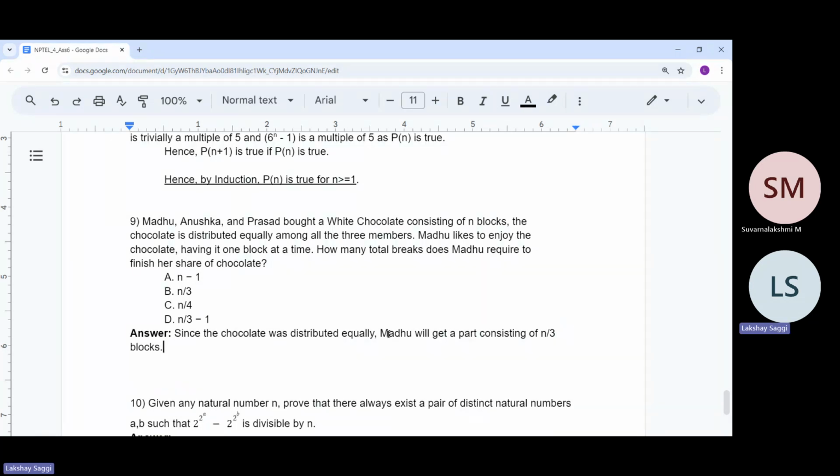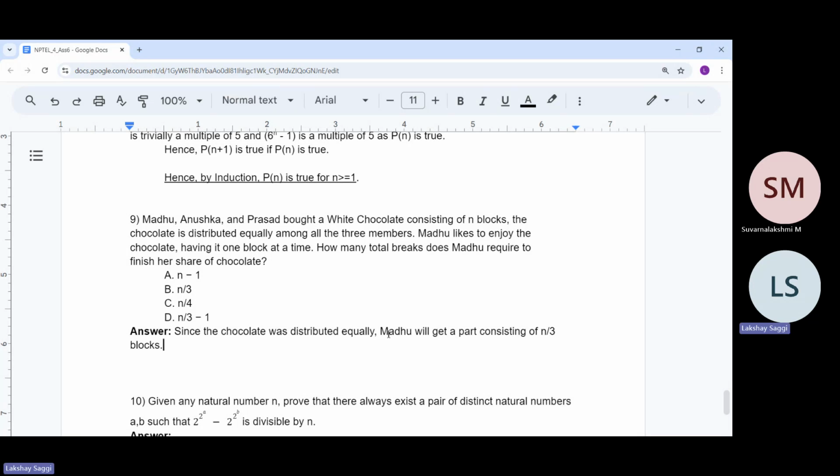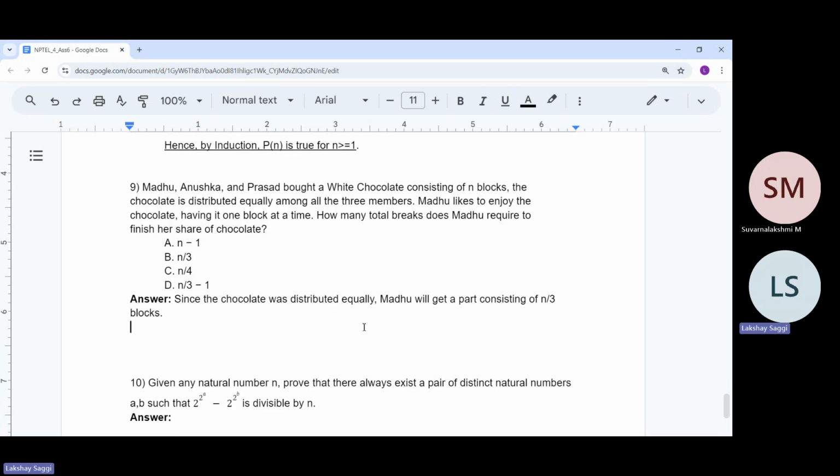So Madhu will get a part consisting of only n by 3 blocks, but she likes to eat it one block at a time. Even though the initial chocolate consisted of these n by 3 blocks, they were joined together. And now Madhu will need to break these one at a time to finish her chocolate, right? So now, how many breaks will she need?